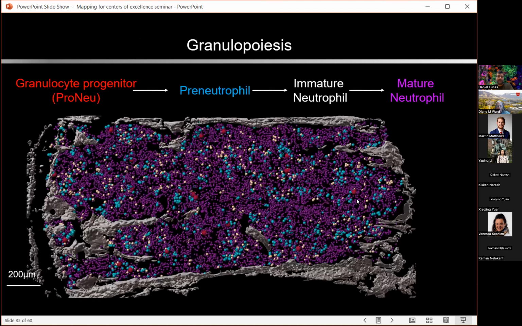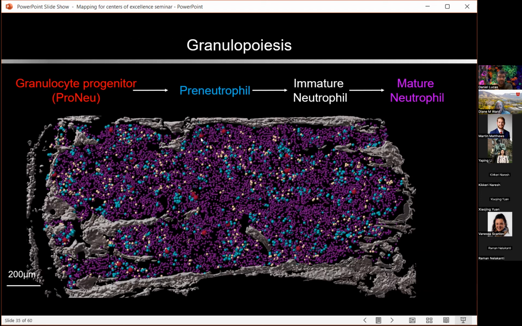In contrast, if you look at granulopoiesis, what you see is, and this is terminal granulocyte production, it occurs by differentiation of granulocyte progenitors, also called proneus, into preneutrophils, immature neutrophils, and mature neutrophils that are color-coded. You can see that these granulocyte progenitors and preneutrophils cluster together.